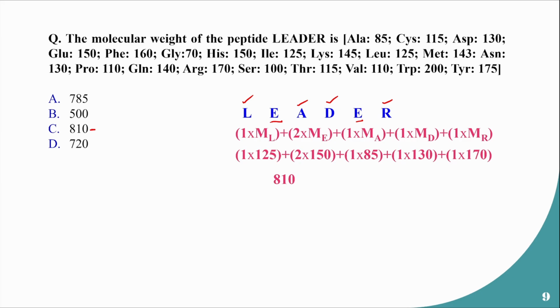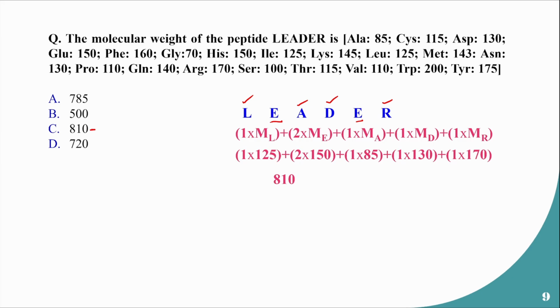So, does anything happen when, let's say, two amino acids are joined together? If two amino acids are joined together, what other thing happens? Basically, one water molecule is eliminated, right?